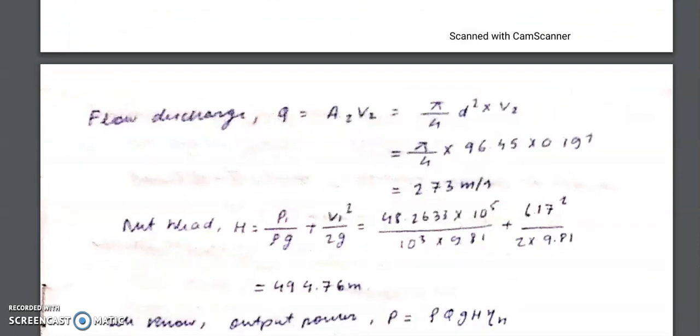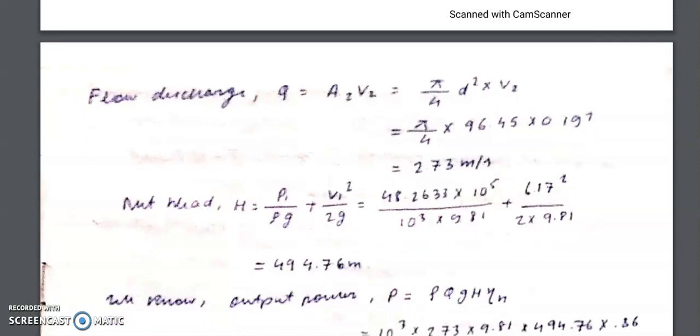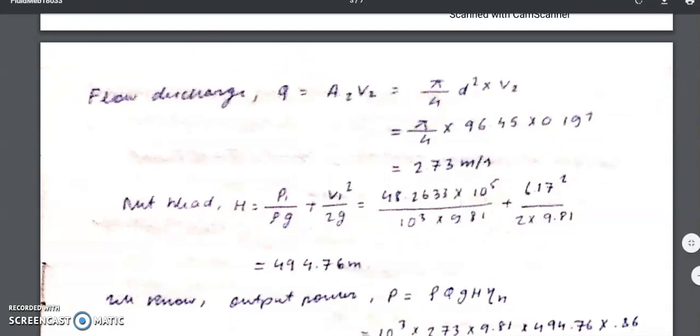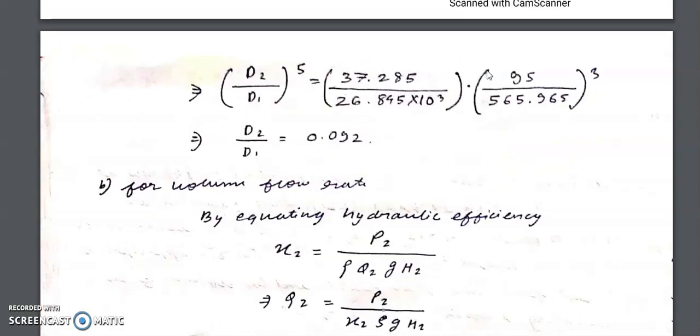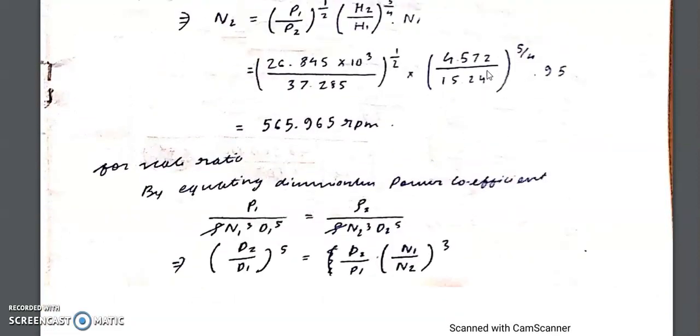Now we find the flow discharge velocity. By applying the flow discharge formula, Q equal to area into velocity, that is pi by 4 D square into V2.